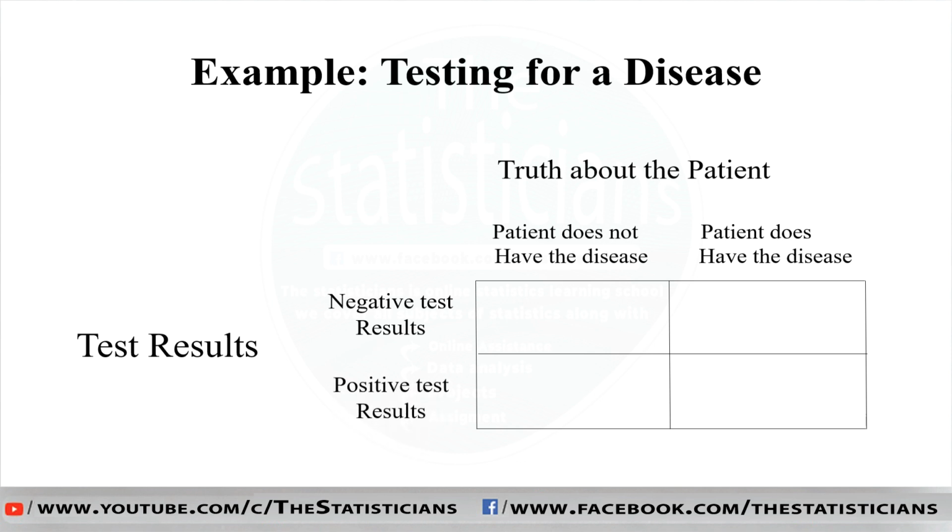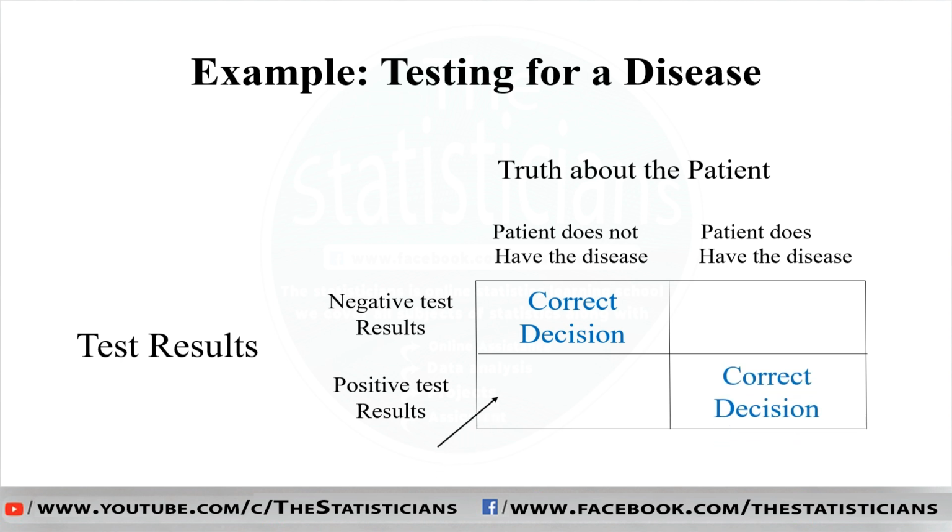Let's look at the four cases again. Right here the patient does not have the disease and gets a negative test result. That's the correct result. That's great. Right down here the patient does have the disease and gets a positive test result, then that would be the correct result. What about down here?